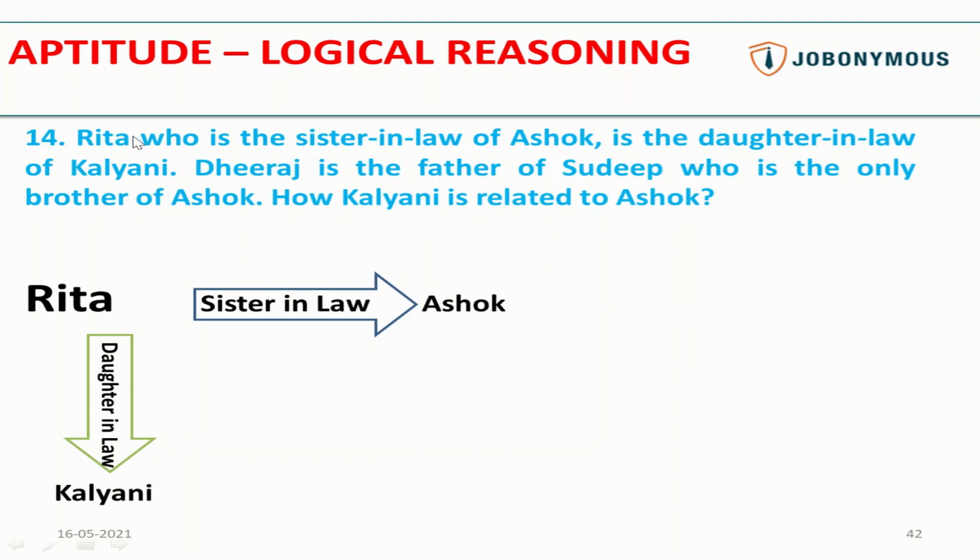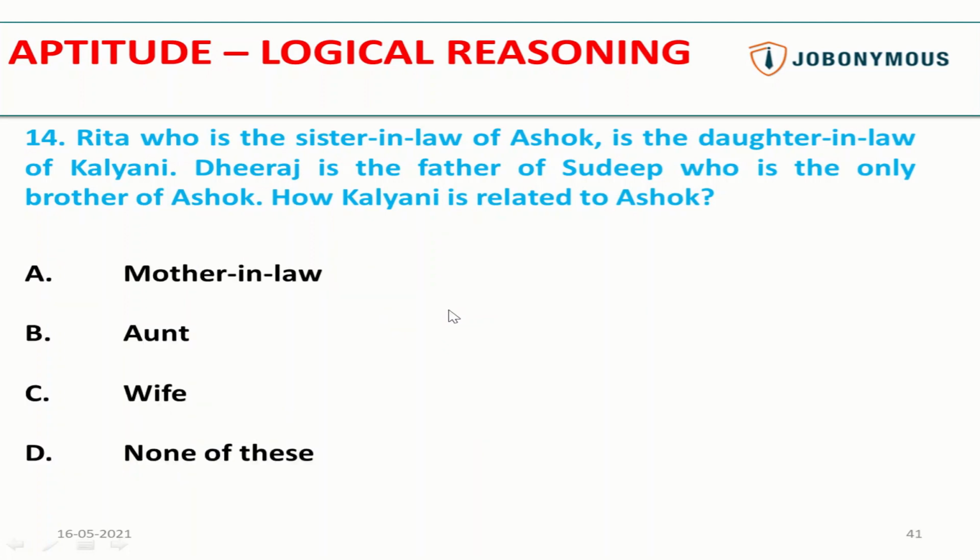In the question you will see that Rita, who is the sister-in-law of Ashok, is the daughter-in-law of Kalyani. So Rita is related to both Ashok and Kalyani, so it is better to find Rita's relation with both of them. Rita is daughter-in-law of Kalyani and sister-in-law of Ashok. So that clearly means that Kalyani is the mother of Ashok, and no option for mother is given. So it is none of these.